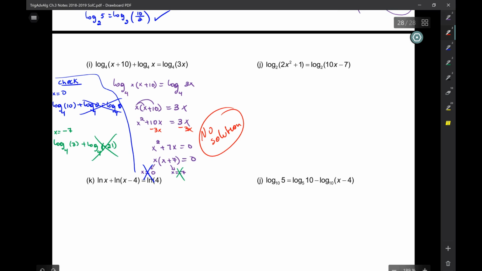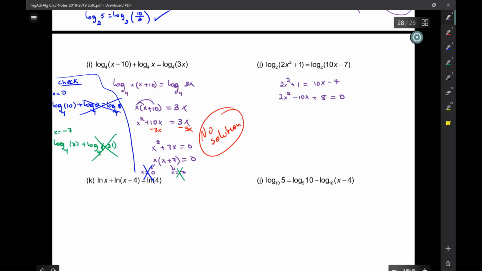This one here, can we set them equal to each other? Yeah, I can. So 2x squared plus 1 equals the other side. Bring everything to the left side. It's a quadratic equation and I need to solve it. 2x squared minus 10x plus 8 equals 0.